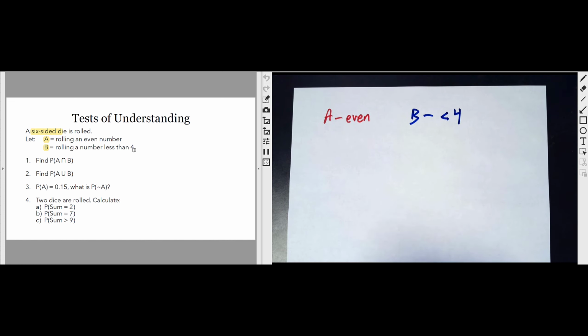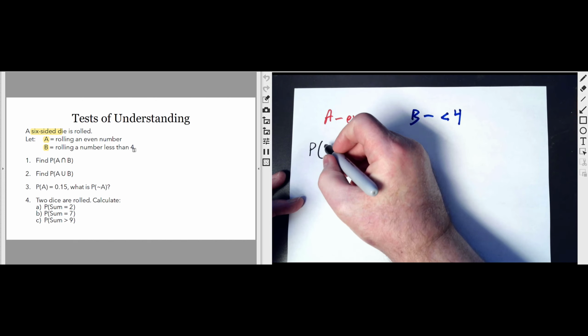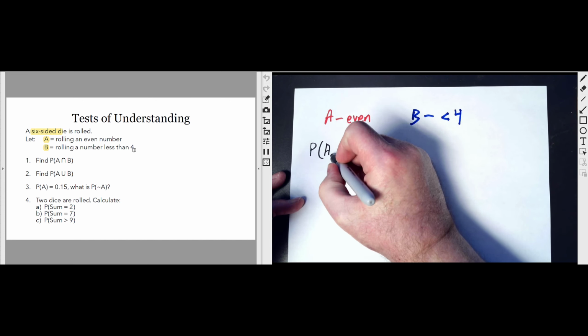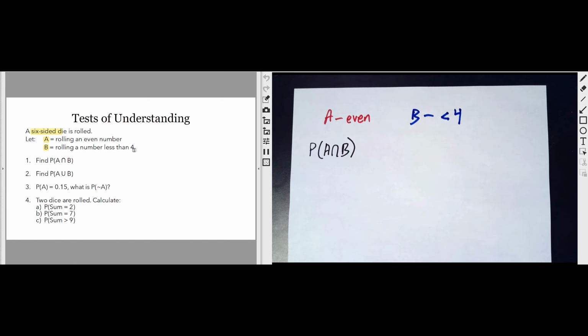And we're asked to find the probability: what is the probability of both A and B occurring when we roll our die one time?